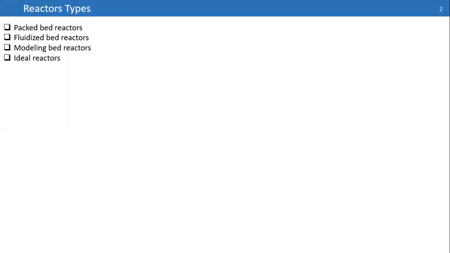If I wanted to give you an example, if your reactor is going to be more plug-like, it means you are closer to a PFR type reactor.